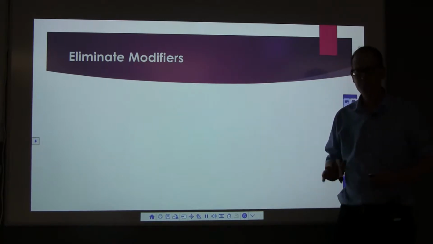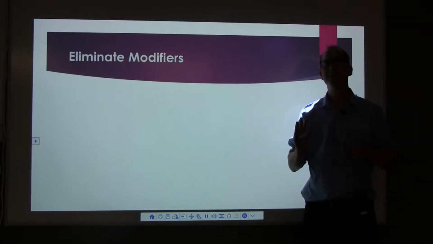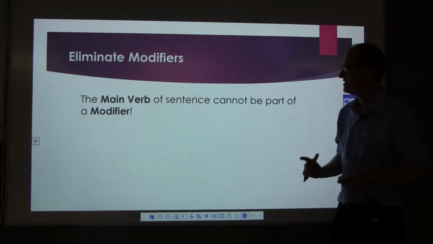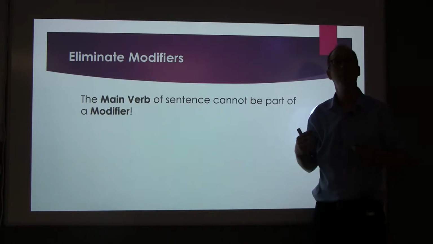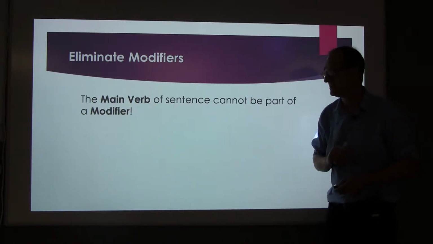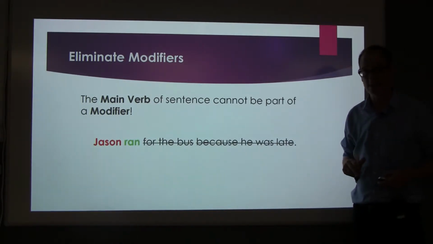All right, it's important to realize when you're looking for main verbs to eliminate modifiers. And that's because the main verb of a sentence cannot be part of a modifier. A modifier is a word or words that describe something. Let's look at an example. Jason ran for the bus because he was late.